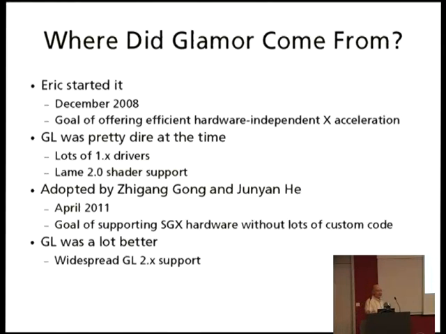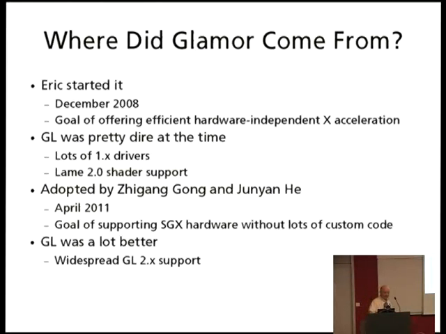Their goal was to use Glamor to get some acceleration for X2D operations on hardware that we couldn't write direct 2D acceleration for. All we had was these closed source GL drivers. The problem was that the SGX hardware at the time was pretty bad and the GL drivers were really unstable, and it didn't work out very well.